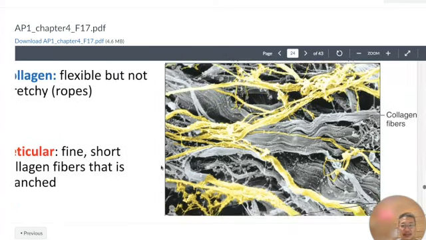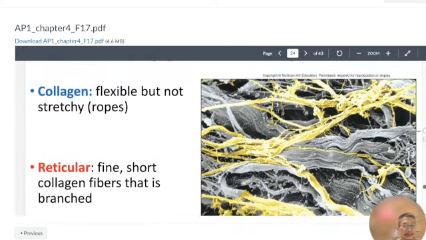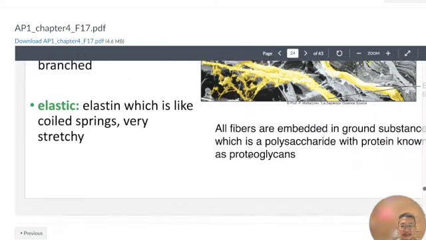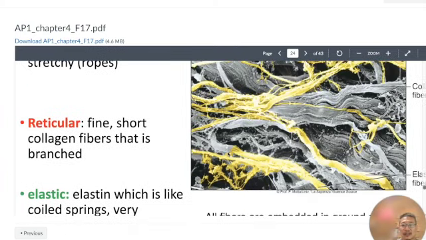So here are some examples of collagen fibers and elastic fibers. All fibers are embedded in something called the ground substance, which is a polysaccharide protein. It's like something they sit on.